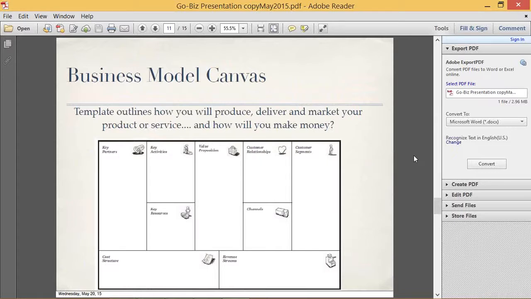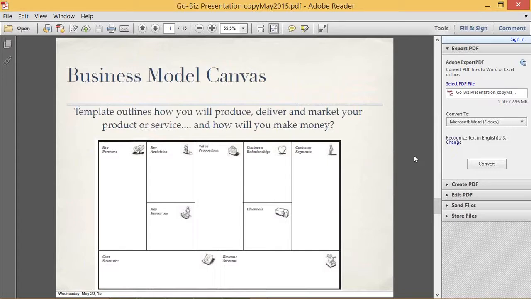And it's literally a two-dimensional, flat representation of the various areas that are key to understanding, is this business likely to be successful? So in the upper left-hand corner, you begin to chart. You can put it on sticky notes, you can write it on a notepad, but you begin to gather information in these different sections of the business model canvas.